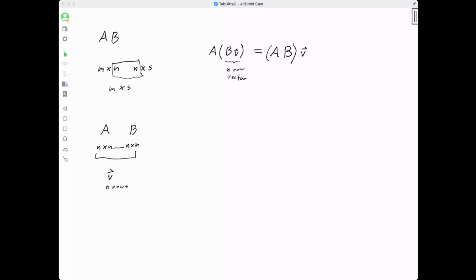So this will work in a broader setting because it will work anytime the sizes of the matrices make the multiplication defined. But we're going to assume that our matrices are all the same size and they're all square so that the sizes just work out for us. So let's let A, B, and C be n by n matrices.